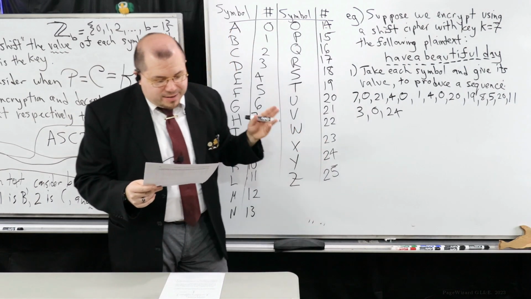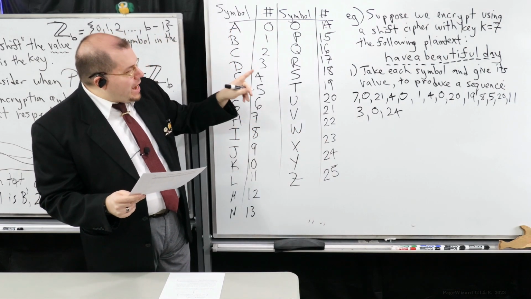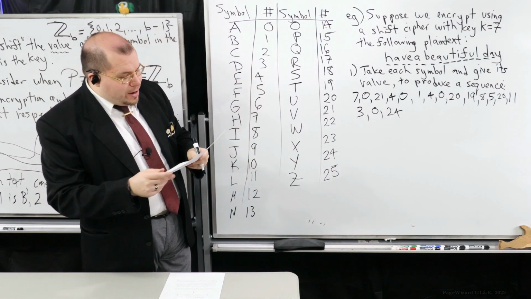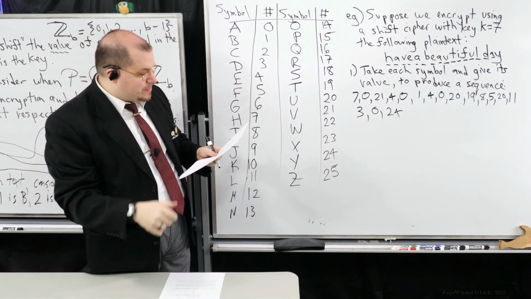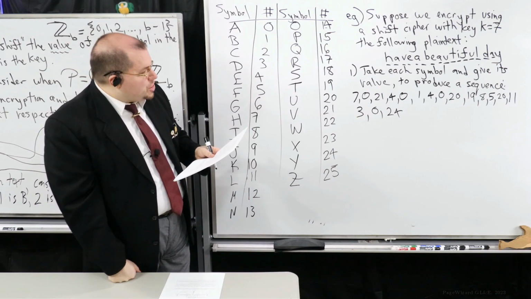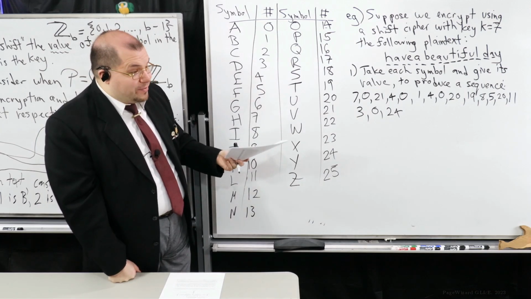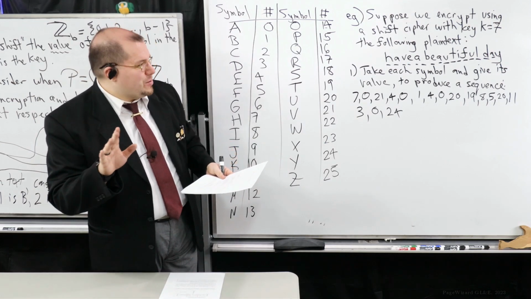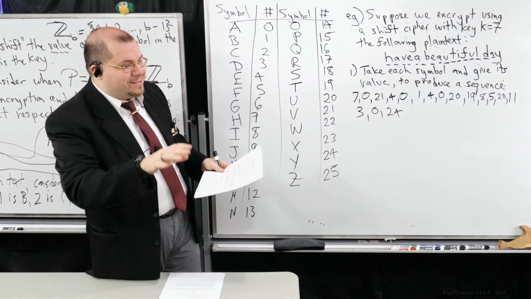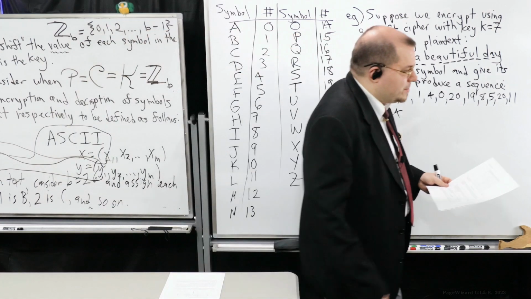Now, next step, we're going to take each number X and we're going to apply E_K of X. This will shift each one of the letters by the value, with wraparound, of course. Remember, it's mod 26. So we're going to have wraparound.